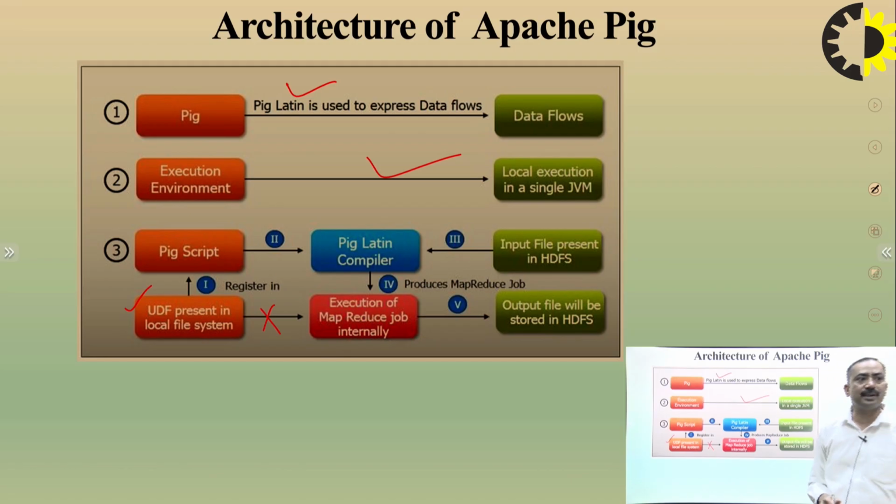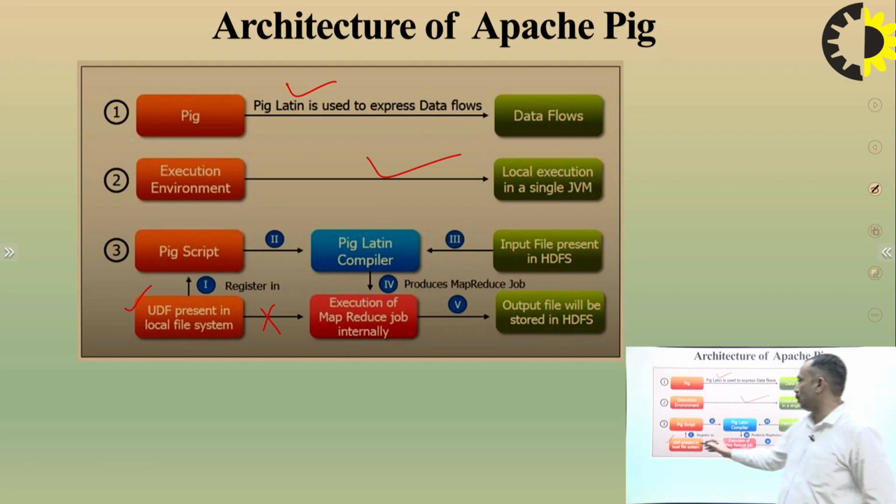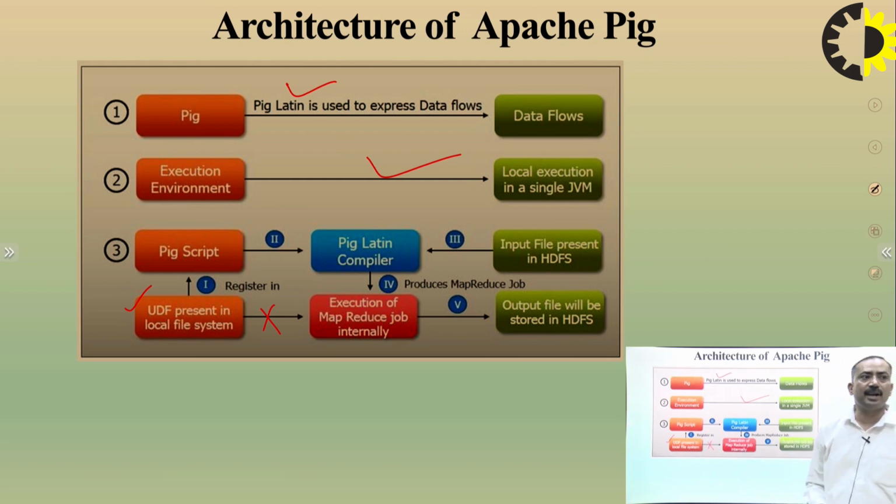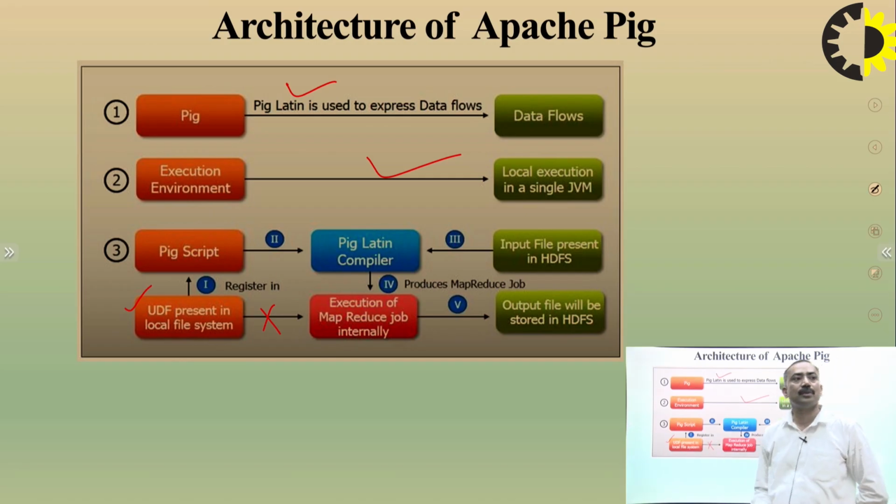We have UDFs, user defined functions, present in the local file system. We cannot directly execute our user defined functions. They are present in the local file system, and we need a script or a language. So we use a Pig script to execute these user defined functions.